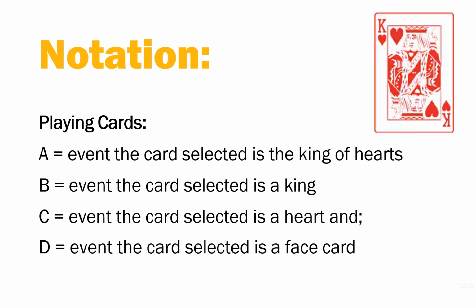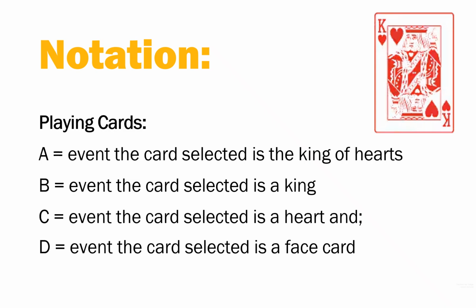Let's talk a bit about notation that you'll find in probability. So what you'll find is that many different events can be associated with a different experiment. And in this situation here, there are events that are associated with a card selection experiment. So consider these 4 events.